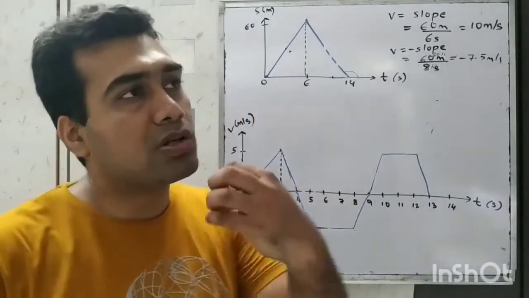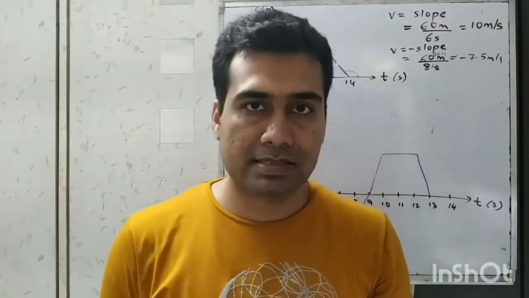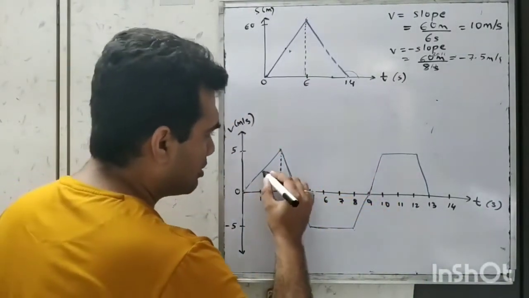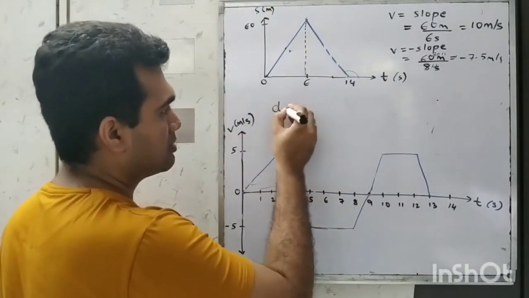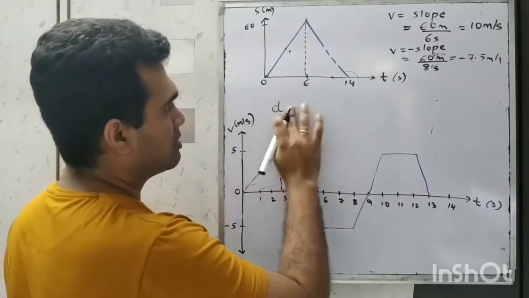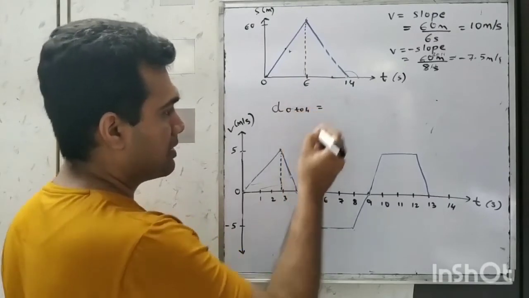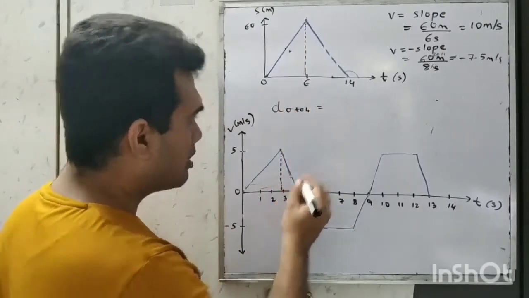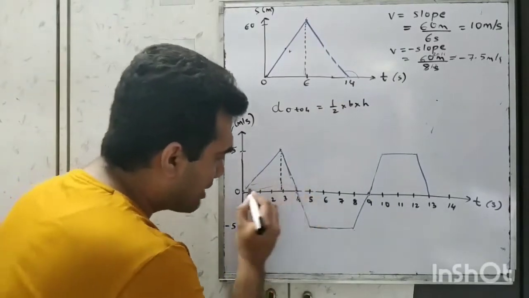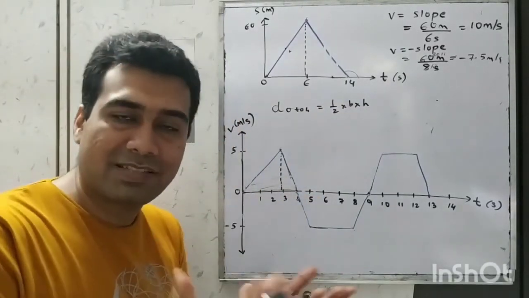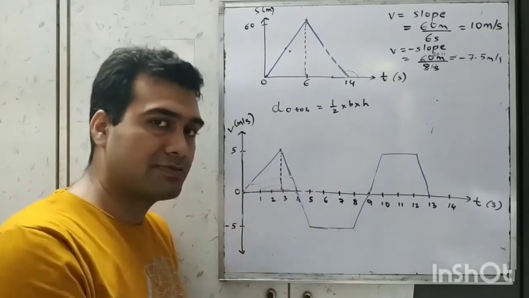If I ask you what was the total displacement after 4 seconds, calculate the area of this triangle. So displacement after 4 seconds, that is from 0 to 4, is the area under the graph, which is half into base into height. The area between the graph and the x-axis will give you the displacement. That's the beauty of a VT graph.